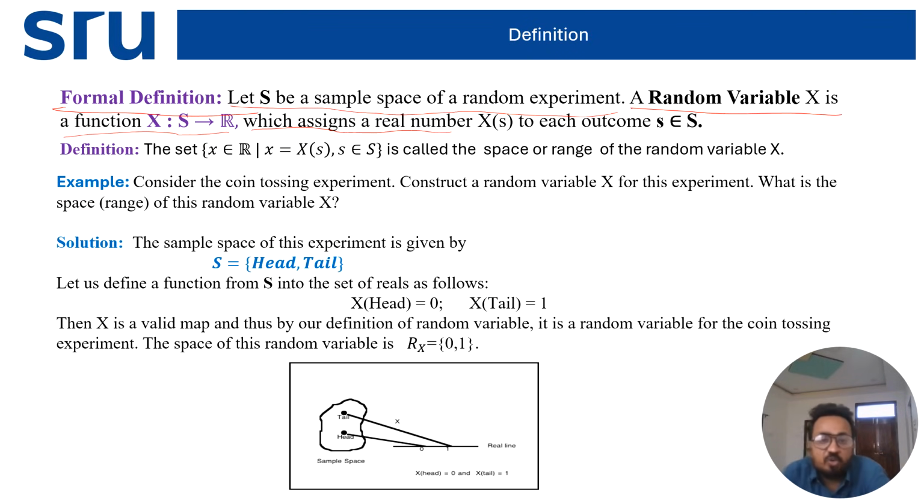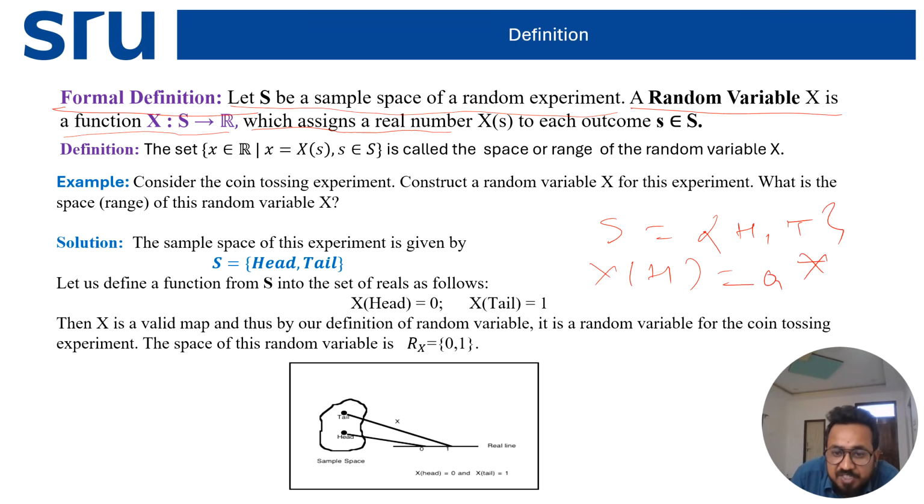Consider the coin tossing experiment. Construct a random variable X for this experiment, and what is the space or range of this random variable X? For this random variable, the sample space will be S equal to head and tail, and we can define the random variable X as: X of head is equal to 0, and X of tail is equal to 1.